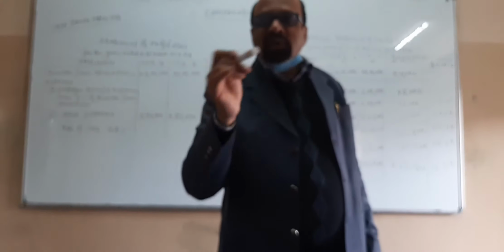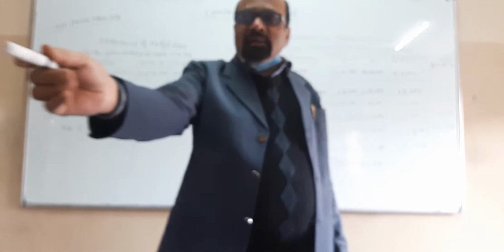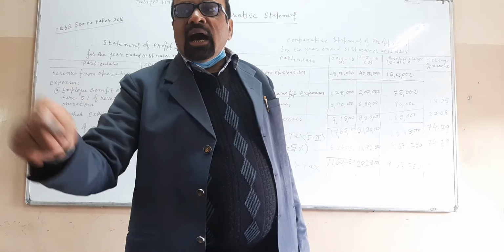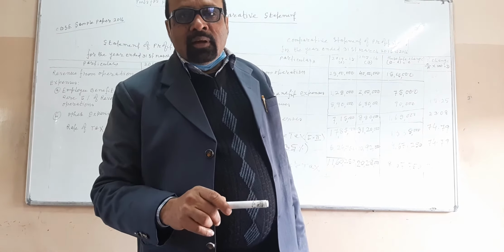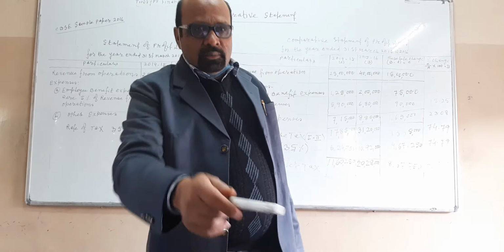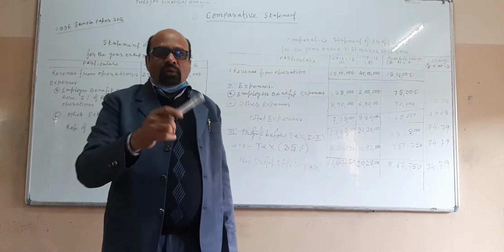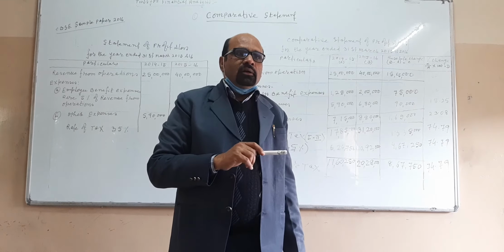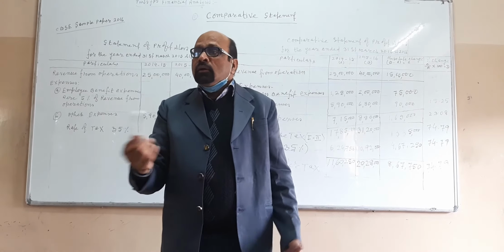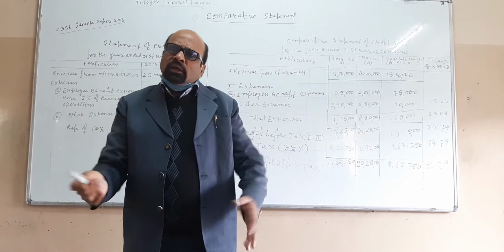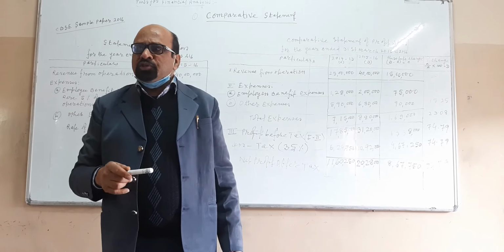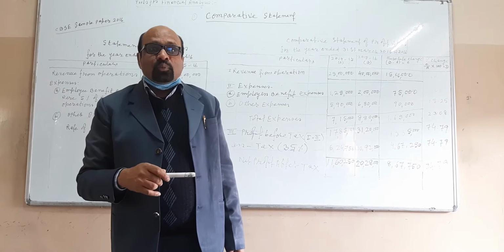Just try to understand. See, Pandey, your marks are 480 out of 500. Gayatri, your marks are 430. But only knowing the amount, yes, I can say that you secured the first position, she secured second position.